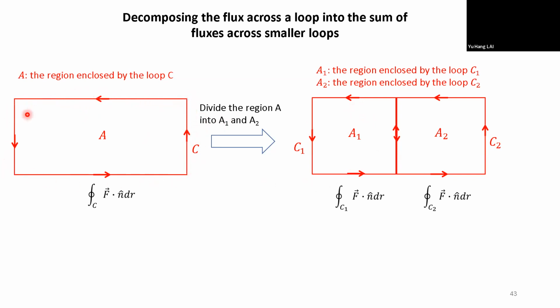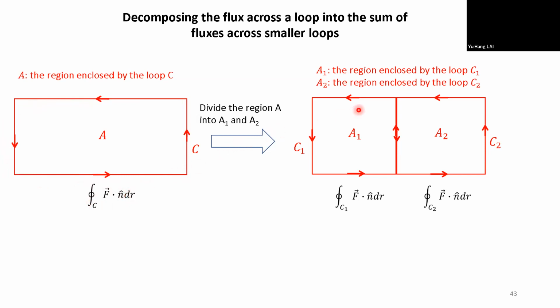This is a big one, not an infinitesimally small one, a loop C enclosed by some region A. Suppose I have some vector field, it's not drawn, and I want to find the flux across this loop boundary C. I want to find the flux integral.